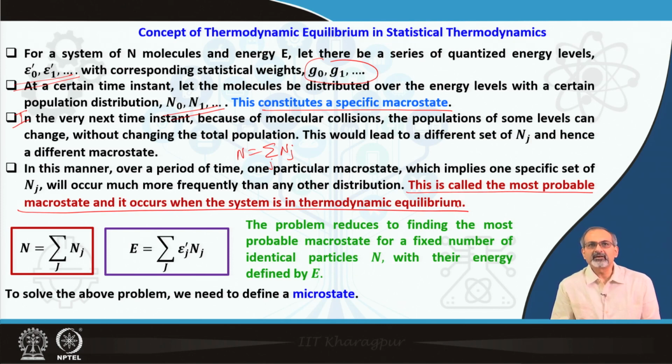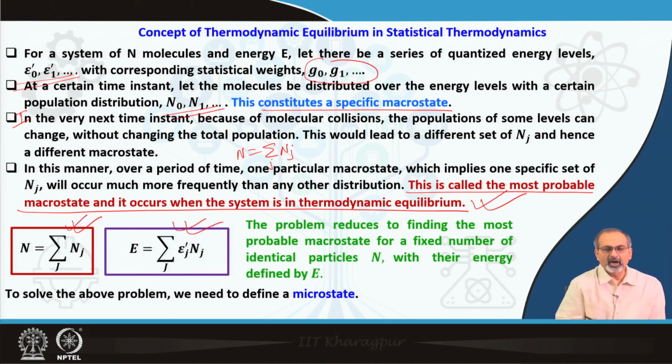This is basically the underlying concept of thermodynamic equilibrium in statistical thermodynamics or microscopic thermodynamics. We repeat it again: over a period of time, one particular macro state, which implies one specific set of Nj, will occur much more frequently than any other distribution, and this is called the most probable macro state, and it occurs when the system is in thermodynamic equilibrium. This definition is very, very important.